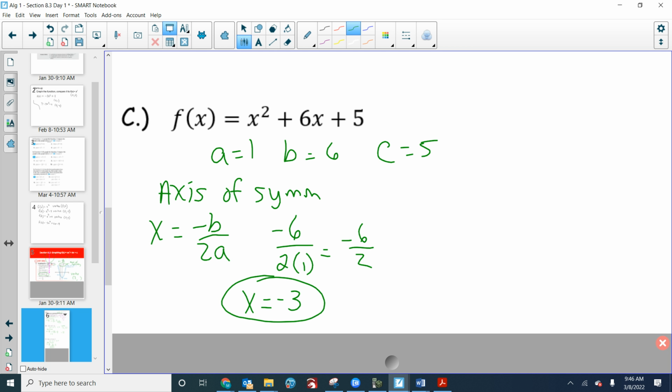Now, vertex. I'm more than halfway. Okay, now plug negative 3 in here and there in that equation to get y. Those are ugly.